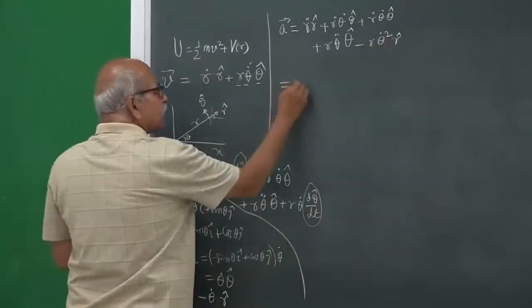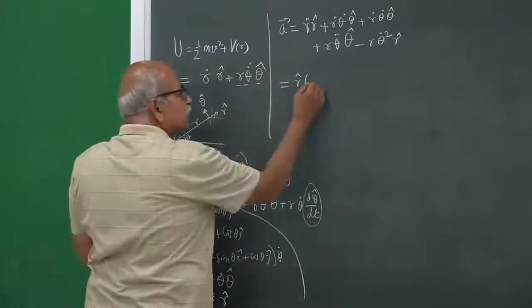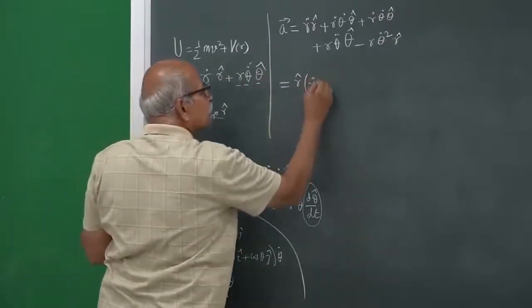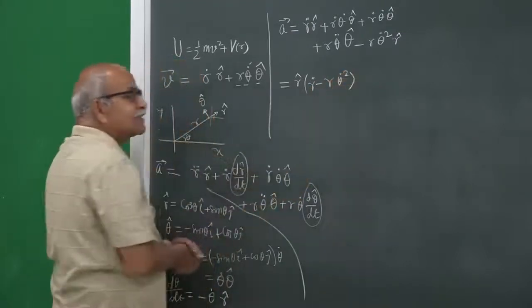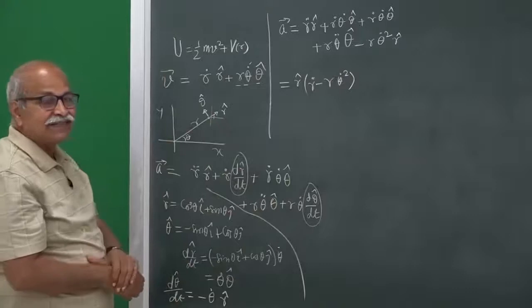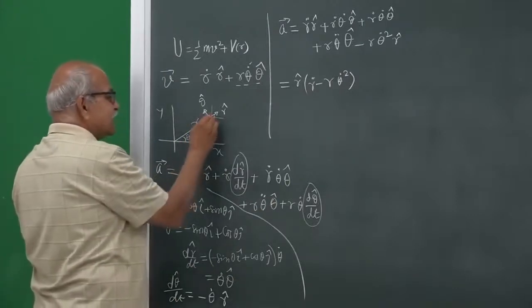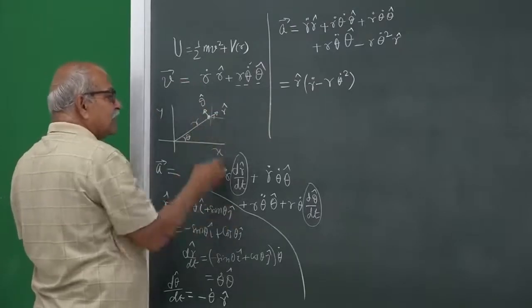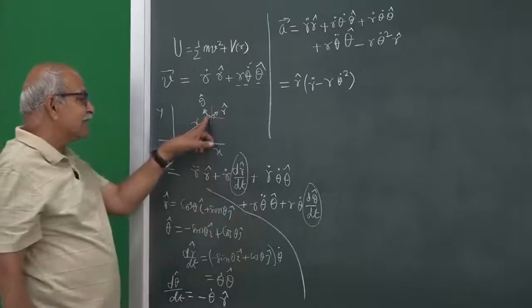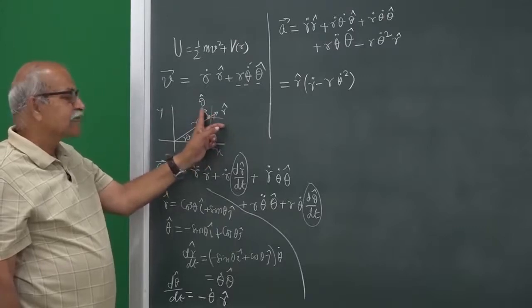So, if we collect r cap at one place, you have r double dot from here and minus r theta dot squared from here. So, that is the radial direction acceleration. So, if the particle is here, moving in some way with some velocity on some path, and you ask what is the acceleration of the particle, you can decompose in two components, in r cap direction and in theta cap direction.